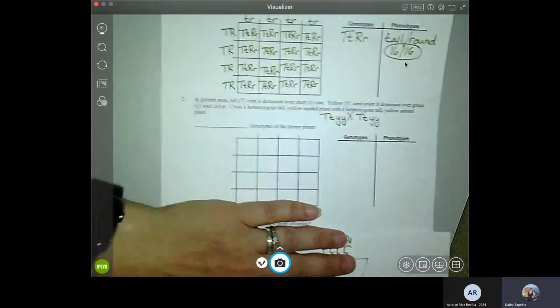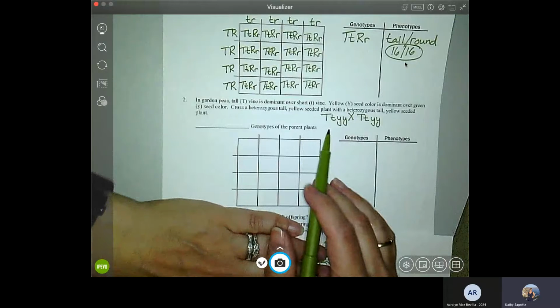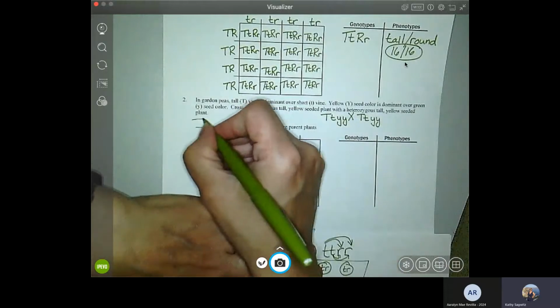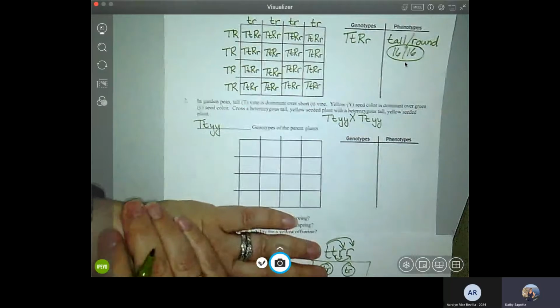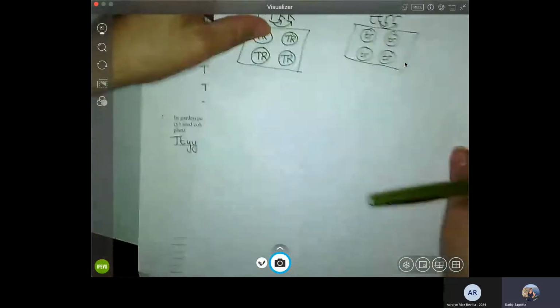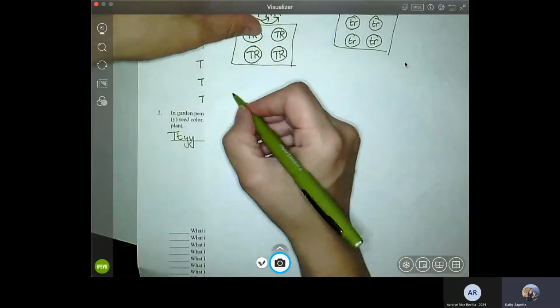Okay? So the genotypes of the parents are both big T, little t, little y, little y. So let's figure out our seeds.